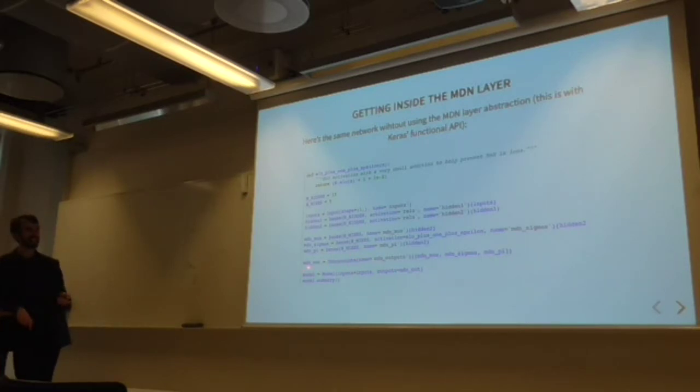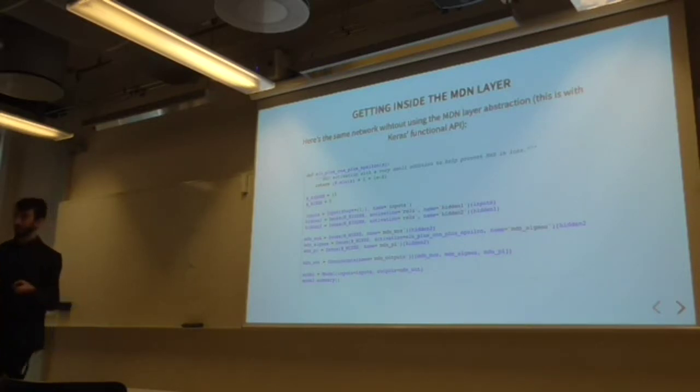The reason I do that is because I want those to be compatible with the sequential model, where I'm pretending to have one input and one output, whereas in fact I've got one input and 3 outputs. But if I concatenate them all up here, it makes life easier later. So then I build my model with the inputs, and the outputs are the MDN out. That is the list of all of these parameters smushed together. And that's my MDN layer, right?